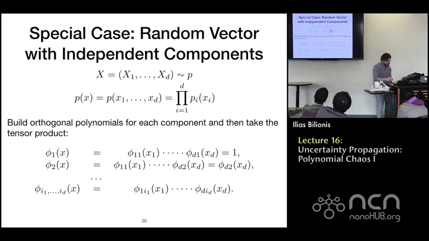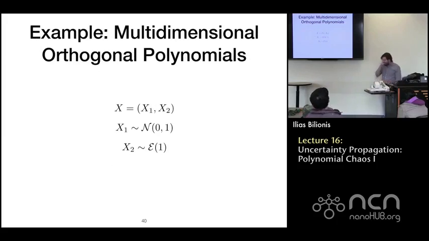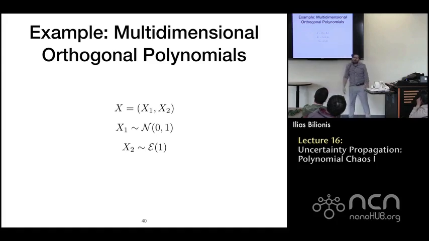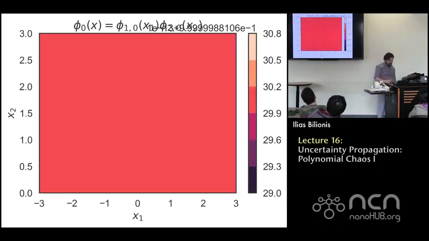And I'll show you how it works. Here I take a random vector that consists of two independent random variables, a normal and an exponential. I build the orthogonal polynomials for the normal and for the exponential, so I have the Hermite and the Laguerre. And I take all pairwise combinations of these two. Of course the first one is just a constant: the constant of the Hermite times the constant of the Laguerre.